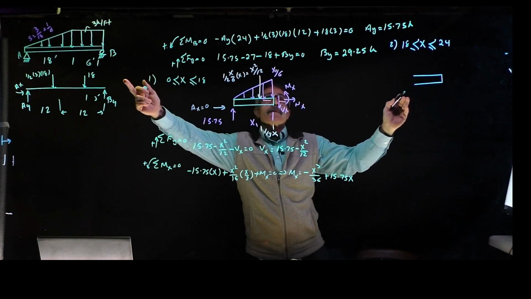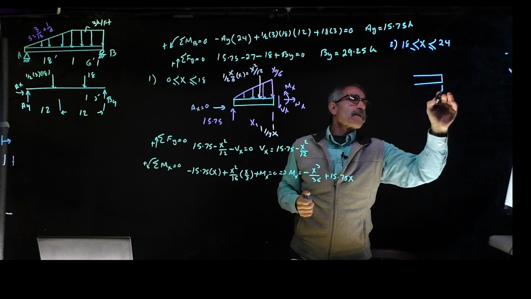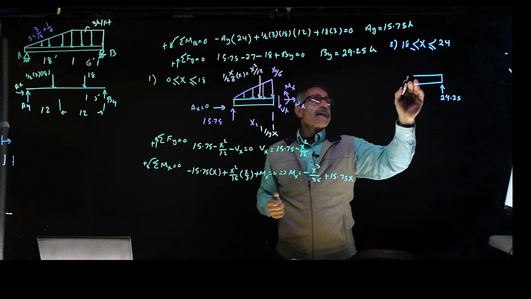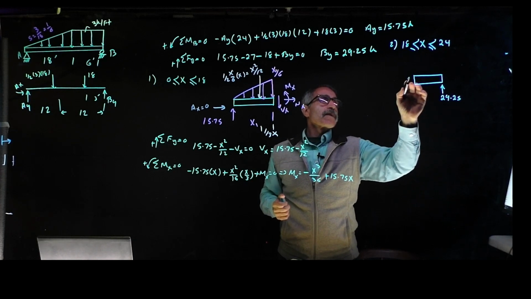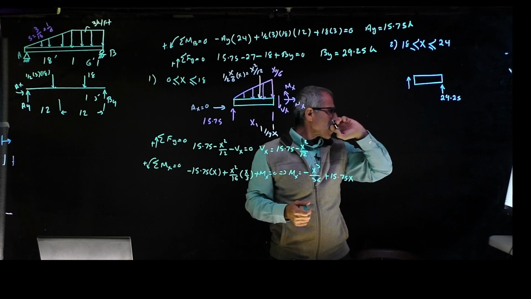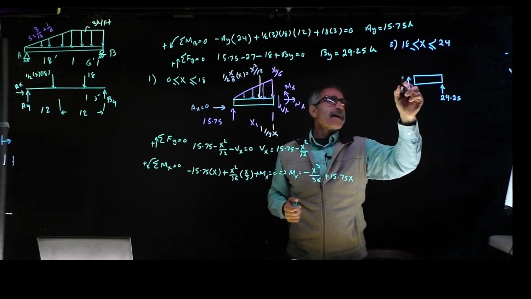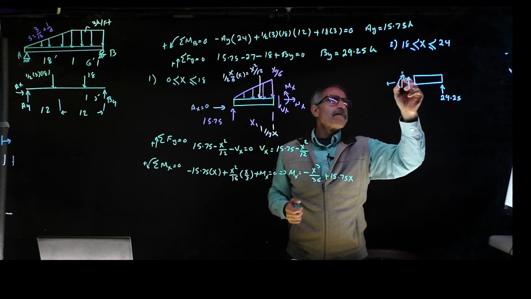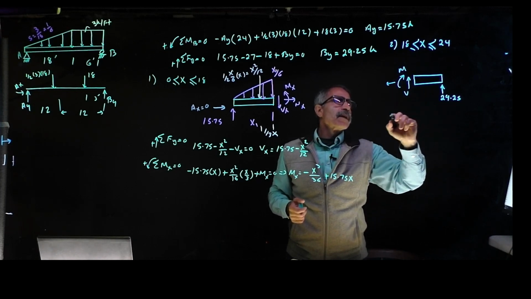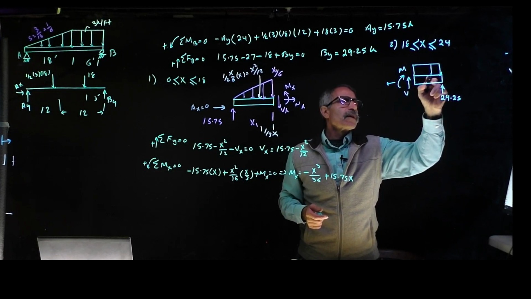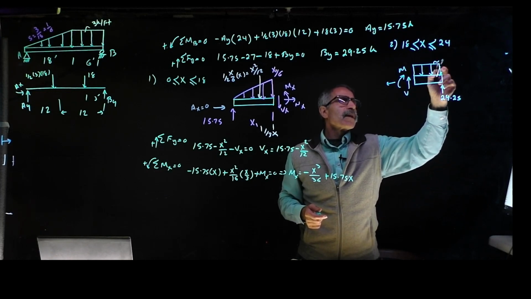And the By came out to be 29.25. And then we're going to cut it right here, and we're going to replace it with a shear force and a moment, and N doesn't count anyway. So M, V. And on top we had this type of loading, which is 3 kips per foot.